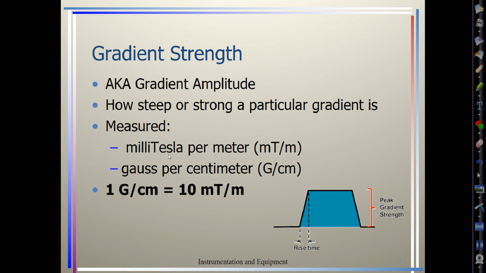And this is measured in milliTesla per meter, so field strength or strength of the magnet over a distance. Or Gauss per centimeter. And the conversion is 1 Gauss per centimeter equals 10 milliteslas per meter.